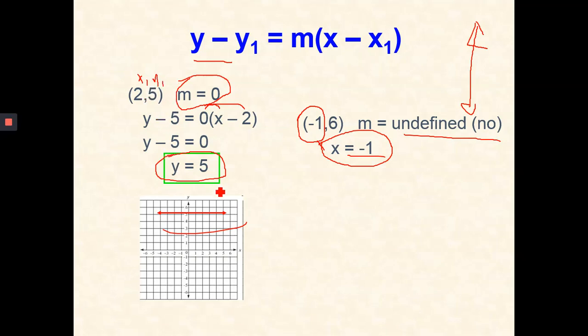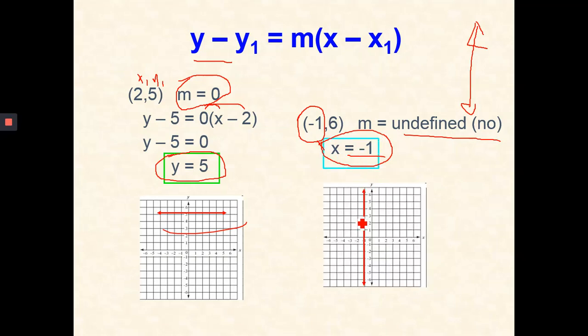So that y equals 5. That is already the equation. Okay? So the graph of the second equation is a vertical line. Can you follow? A vertical line has a variable x only, and a horizontal line has a y variable only.